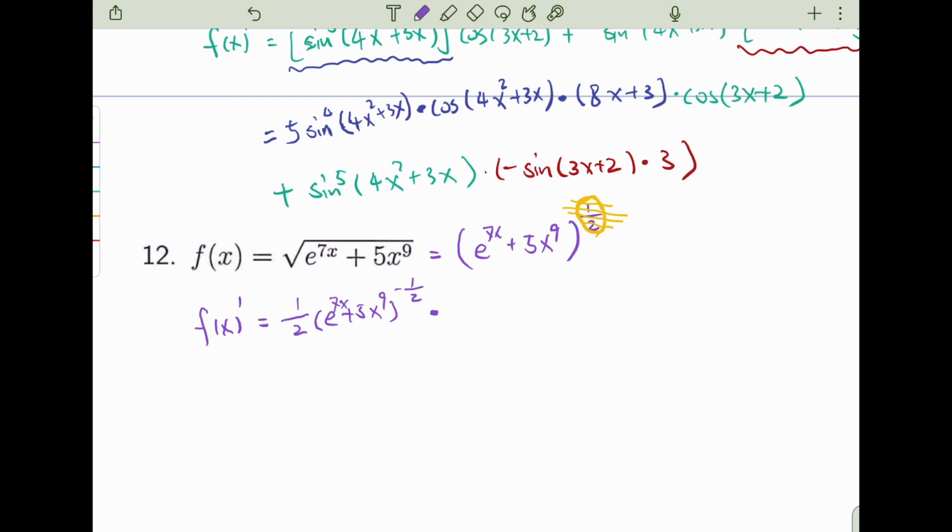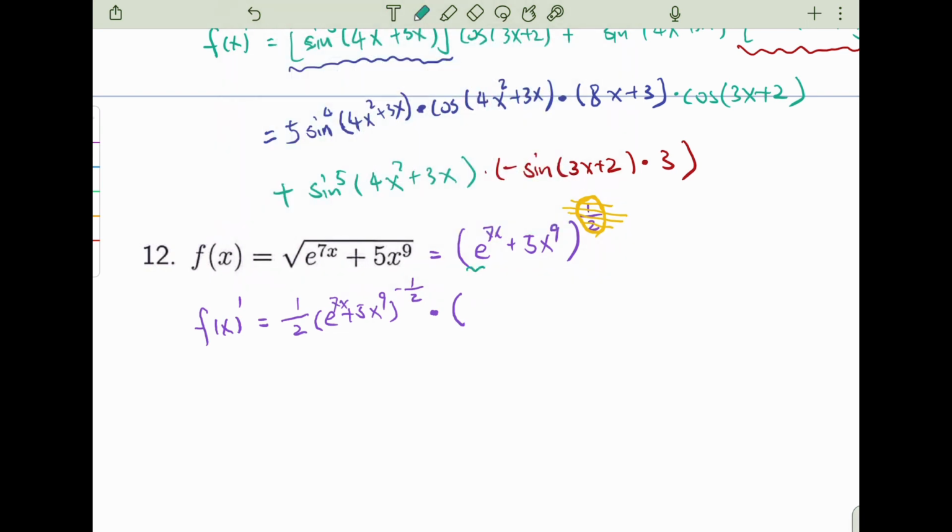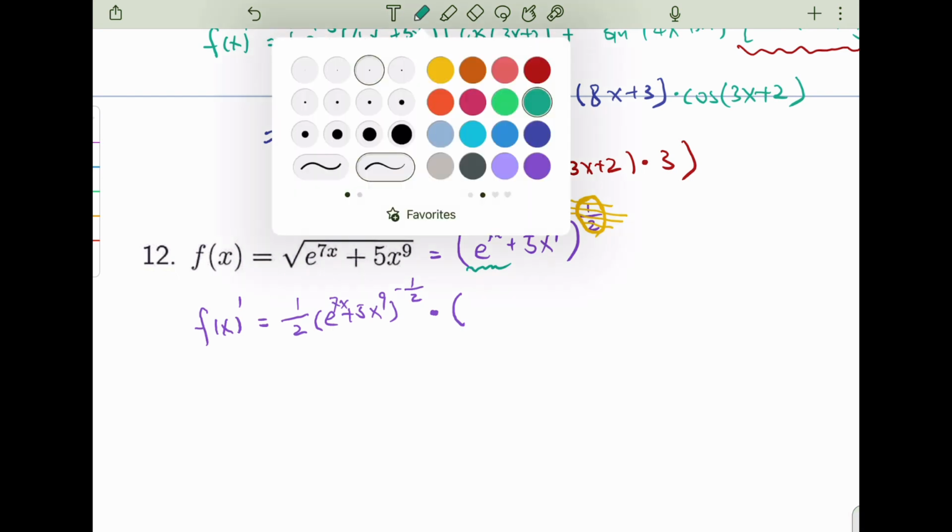That is the sum, right? The sum of these two functions. So it becomes the derivative of this green thing plus the derivative of this blue thing.